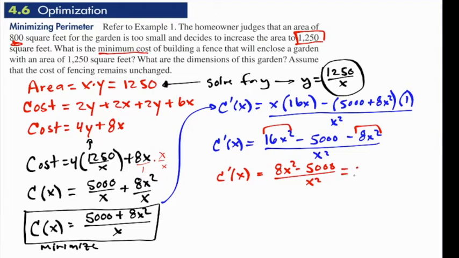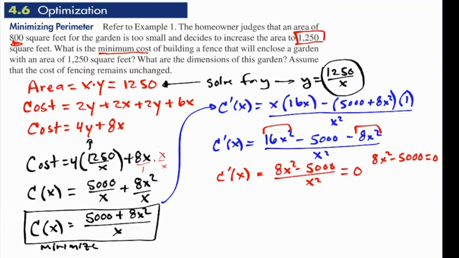And if we set this equal to 0, a fraction is equal to 0 only when the numerator is 0 and the denominator is non-zero. So we say what value for x would cause this numerator to be 0? So 8x squared minus 5,000 equals 0.